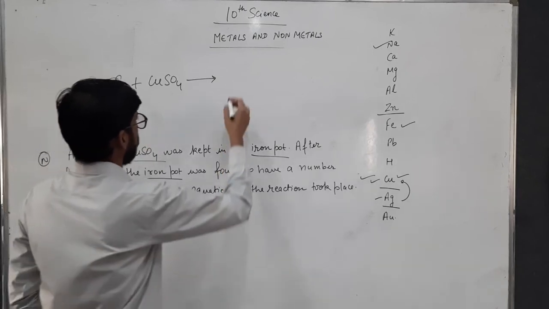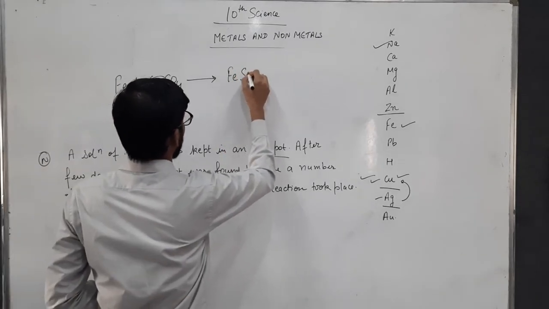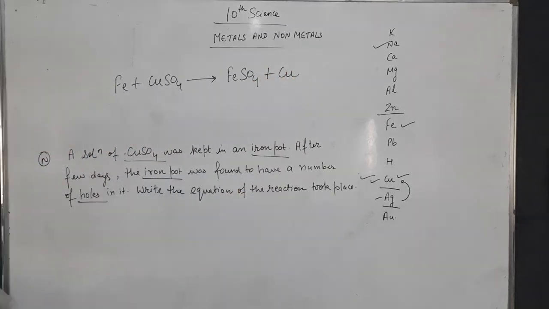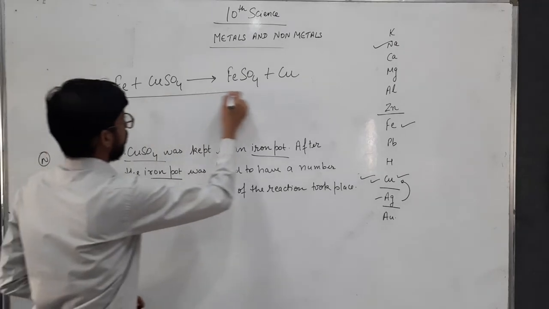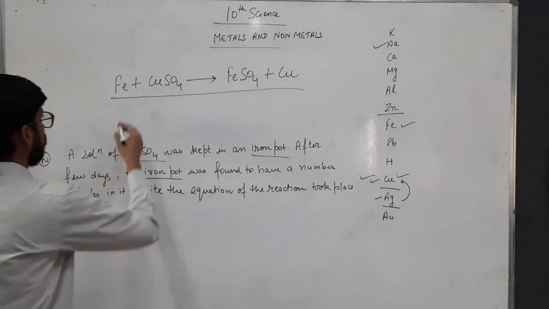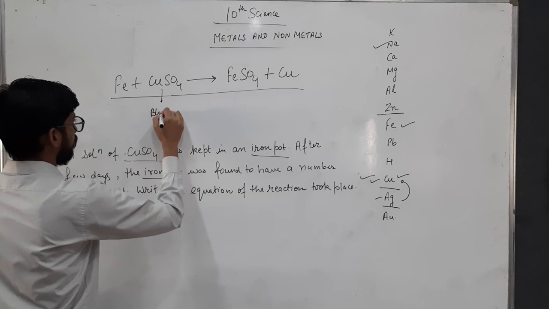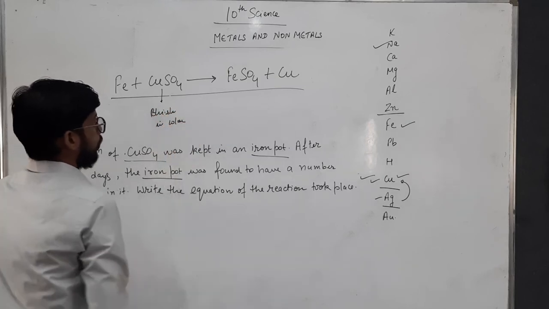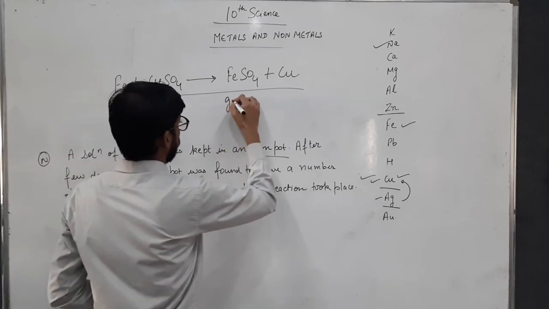So it will get FeSO4 plus copper. This is the reaction. Simply, iron will react with copper sulfate and it will give iron sulfate and copper. The copper sulfate is bluish in color, and this iron sulfate is greenish in color.